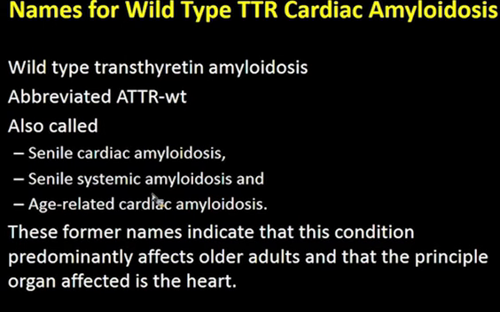It's been in the past also called senile systemic amyloidosis, in which there's some recognition that while the protein predominantly affects the heart, it can affect other organs, including the GI tract, the ligaments, and bony structures. And the more commonly used term, probably not as derogatory, is age-related cardiac amyloid, describing the fact that this condition rarely affects anyone under the age of 55 or 60 years of age.